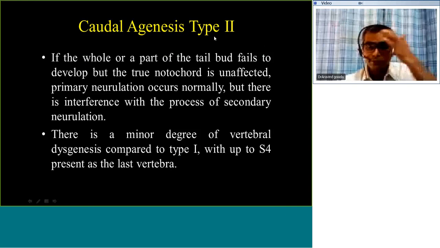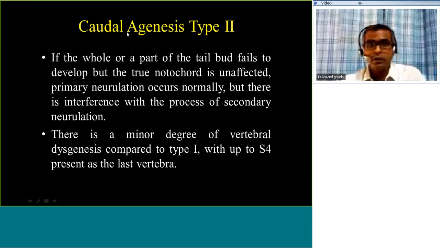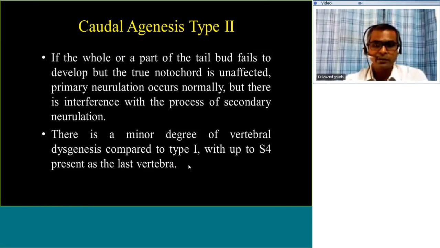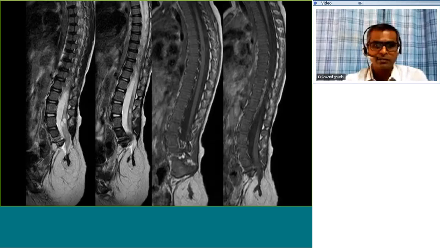Now, caudal regression syndrome type 2: usually the primary neurulation is not affected, but there is interference with the process of secondary neurulation. So you may not be able to see the coccygeal vertebra, and below the S4 vertebra usually will not be present, but the spinal cord will be formed normally in such cases.